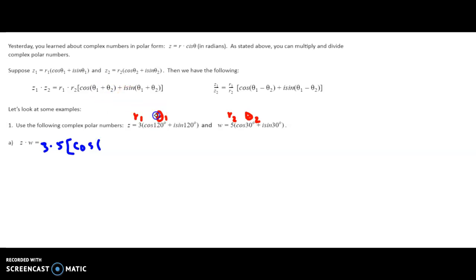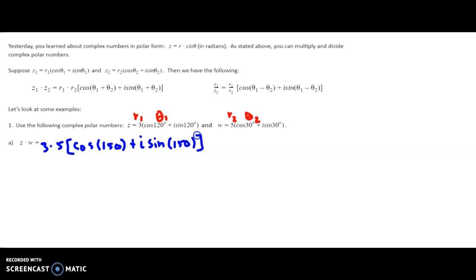So theta 1 plus theta 2, that's 120 plus 30, we know that's going to be 150. All right, so that comes from theta 1 plus theta 2. And the rest of it is going to be i sine of also 150.